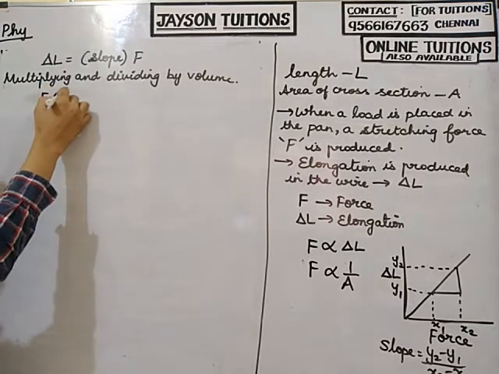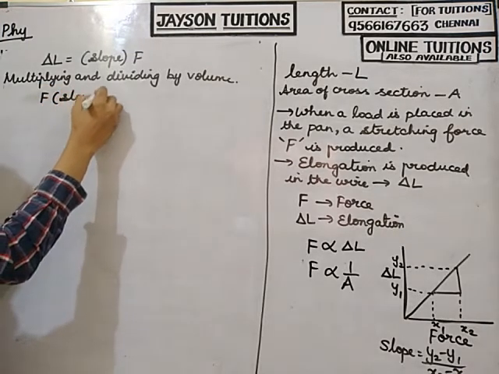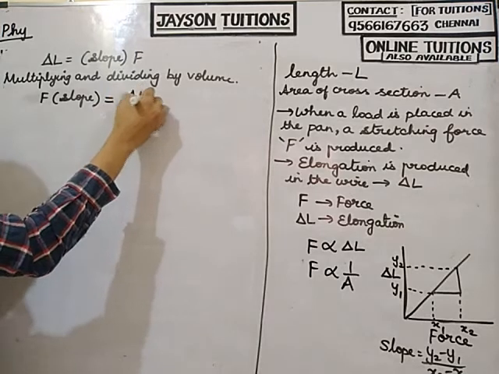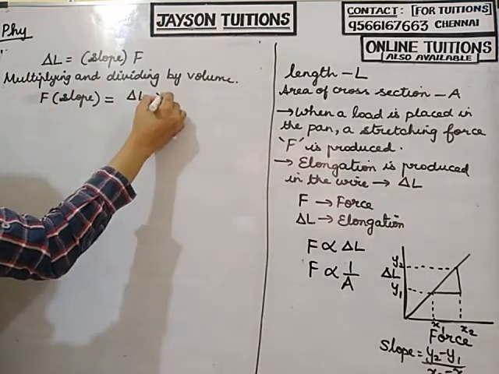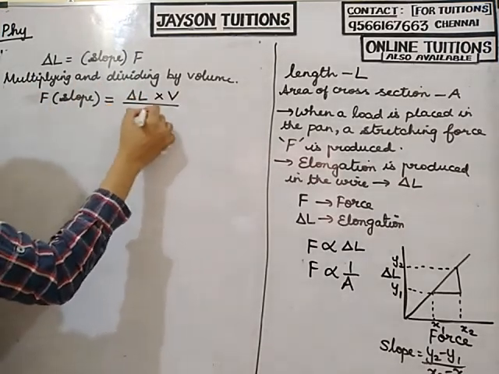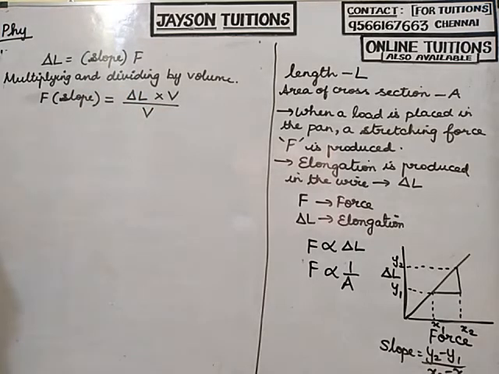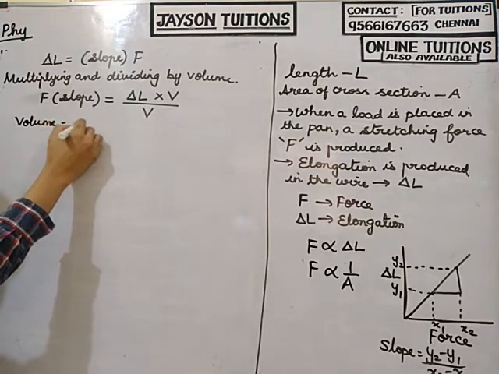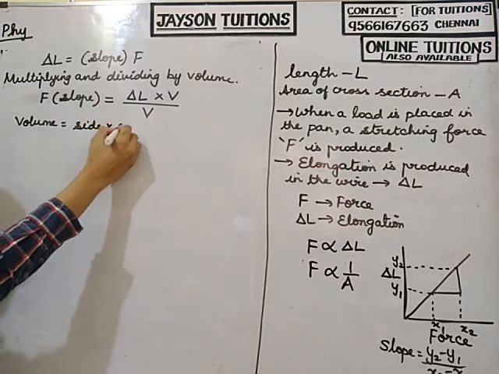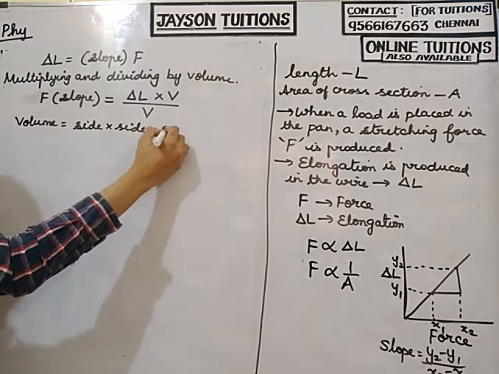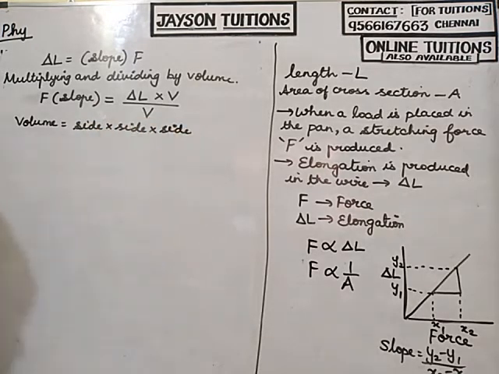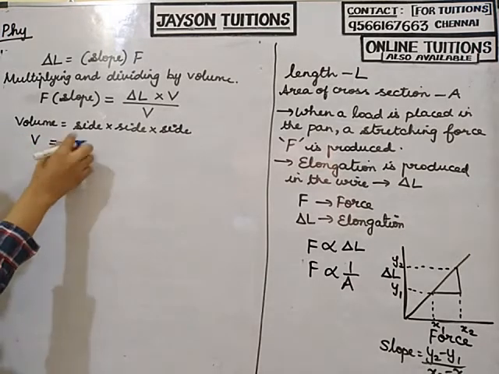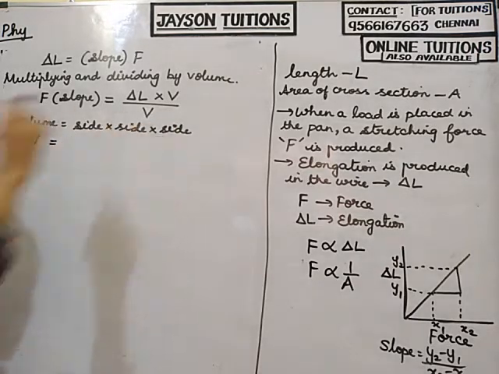So F into slope is equal to delta L into this side multiplied by volume and divided by volume. What is the formula for volume? Volume V is equal to side into side into side.